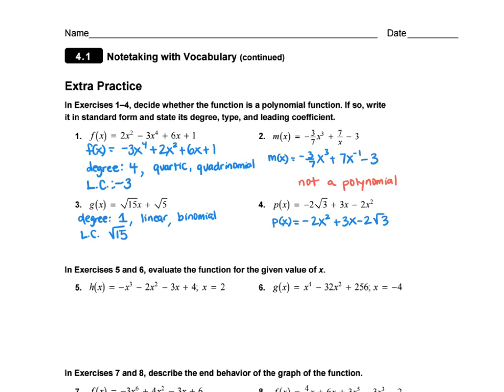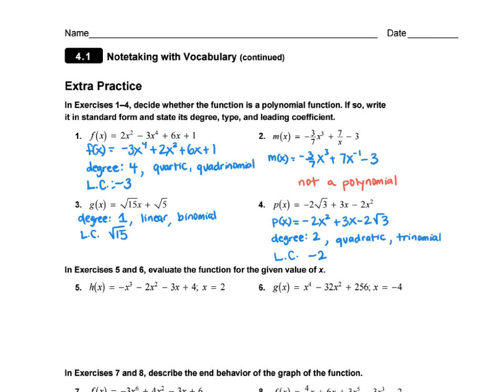The degree, the biggest exponent, is 2. Because the degree is 2, we call it quadratic. It has 3 terms. 1 term, 2 terms, 3 terms. So it is a trinomial. And the leading coefficient is negative 2.